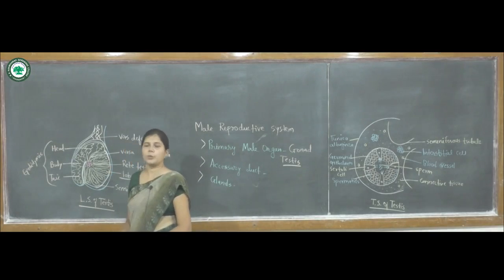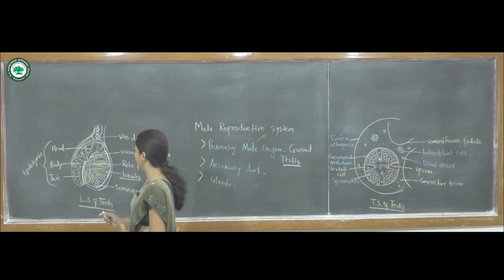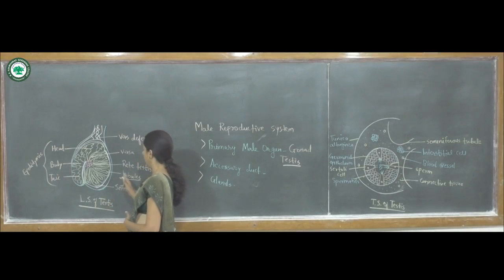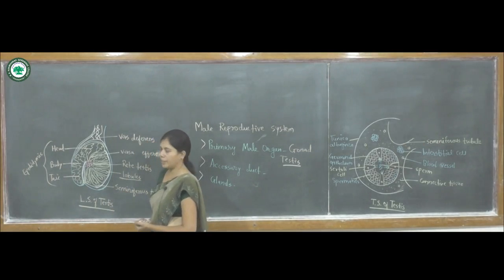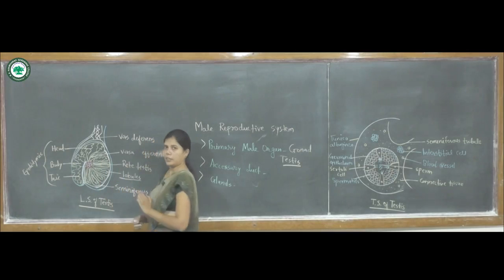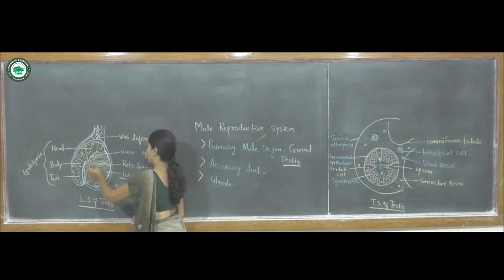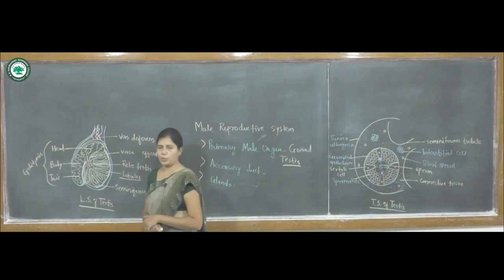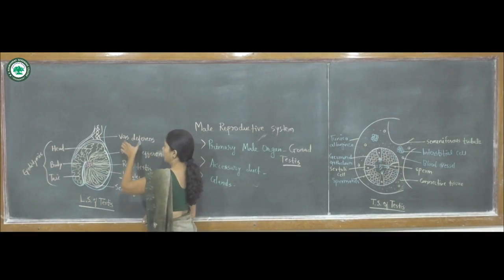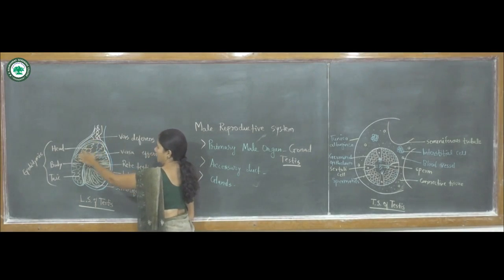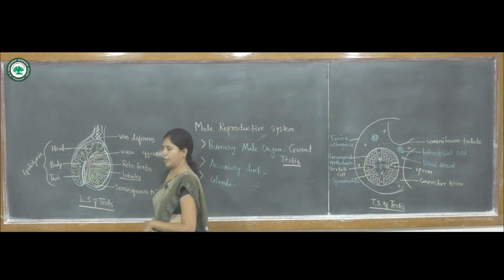Means 200 to 300 lobules are present in each testis, and all lobules are interconnected in a network form known as the rete testis. The vas deferens is attached to the testis and to the epididymis.